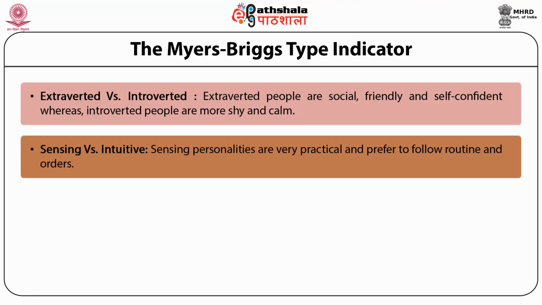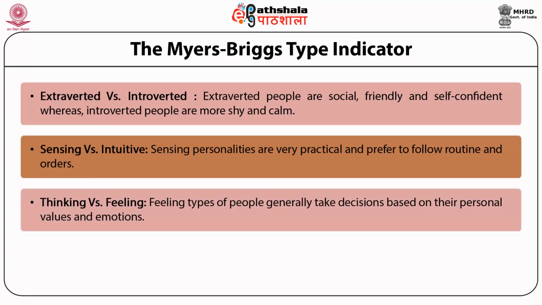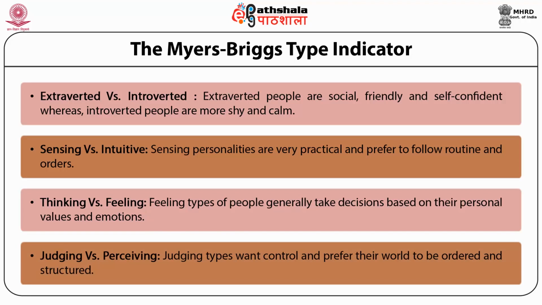Third category of personality is thinking versus feeling. Feeling type of people generally take decisions based on their personal values and emotions, whereas thinking type of people are generally more logical and rational. Fourth category is judging versus perceiving.